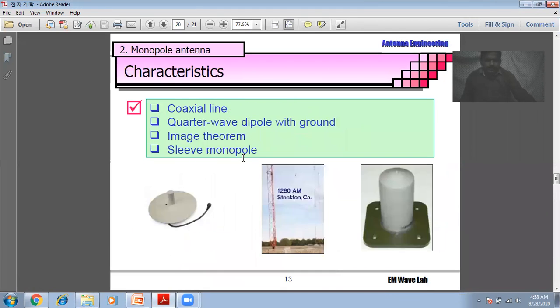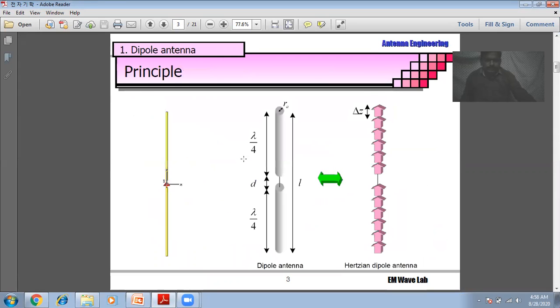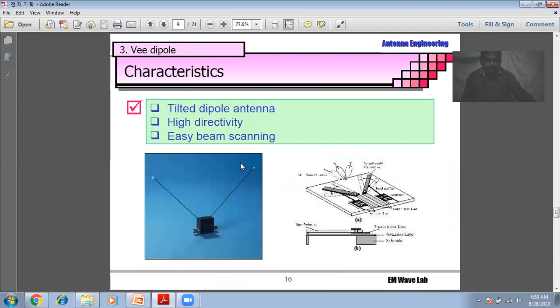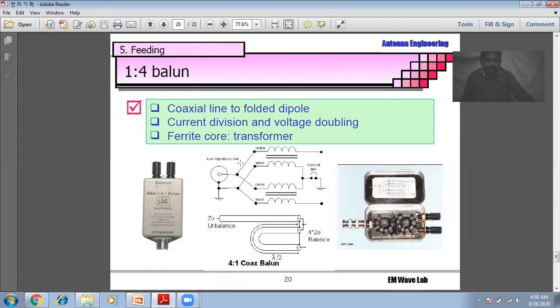Come to the slide. These two are connected to the center of the half wave dipole, and on this side we are connecting a coaxial cable. That will be seen in the coming slides.